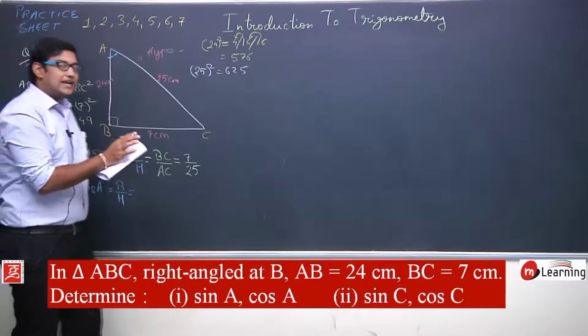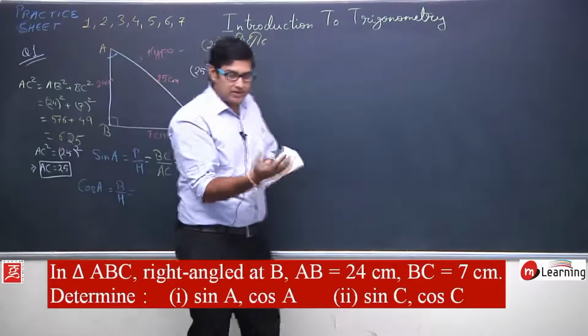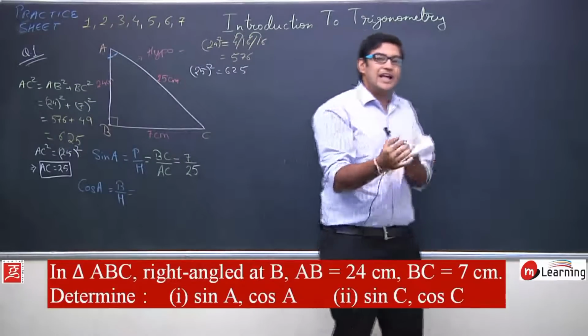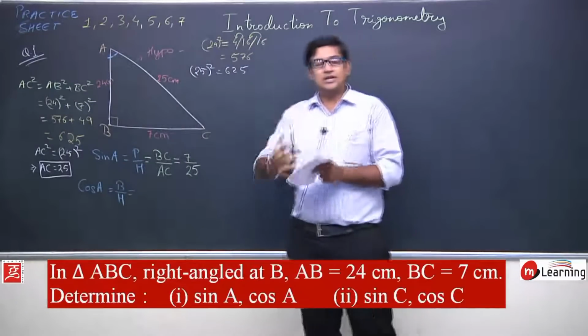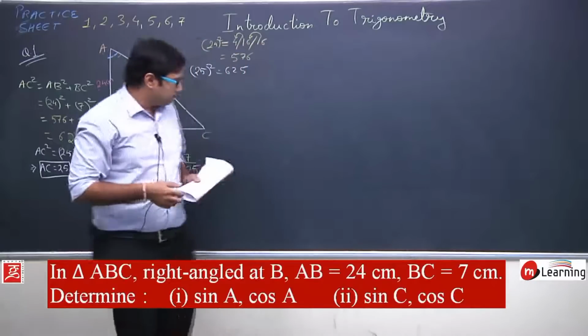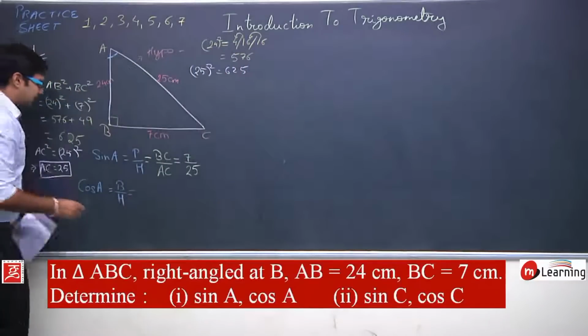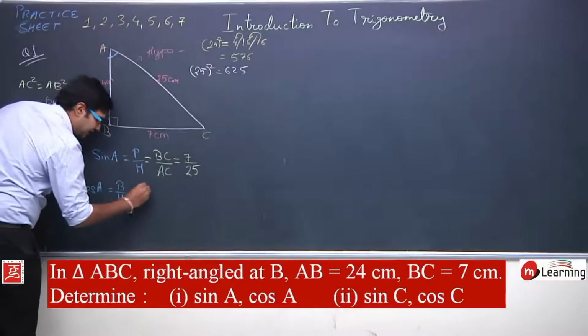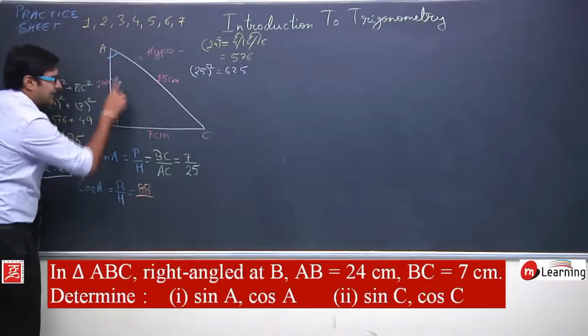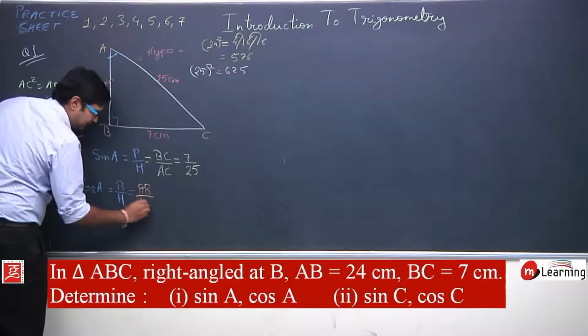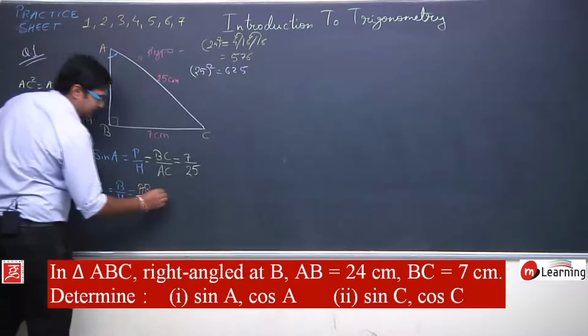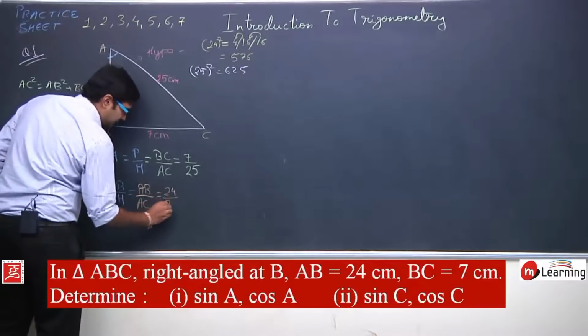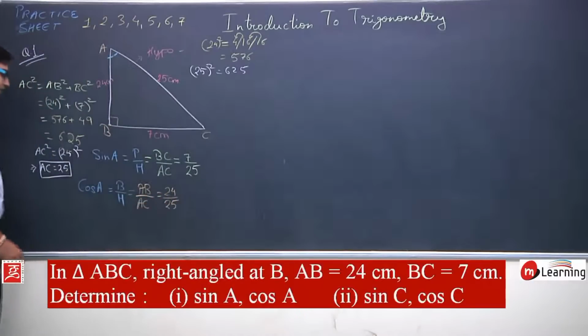Okay, जो side angle के साथ है that will be the base. जो side angle के opposite है that will be the perpendicular. So in place of base I will write AB upon hypotenuse, which will remain the same, that is AC. So AB is 24 upon AC is 25.